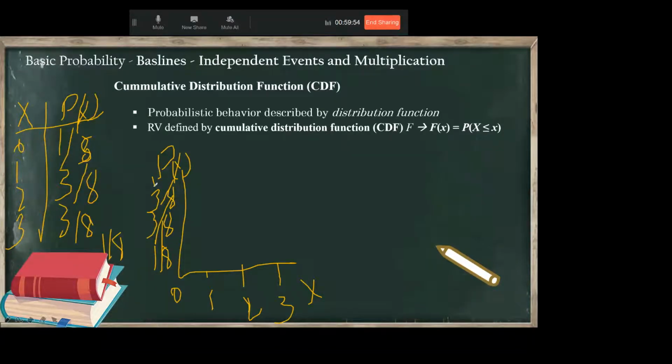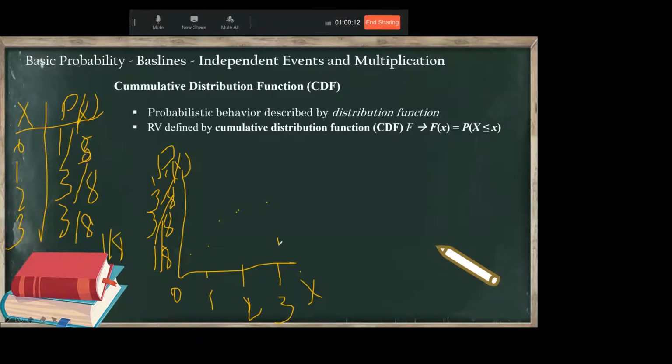Right? Here, the same 1 by 8. So we have different points. And the third one is 1 by 8 again.